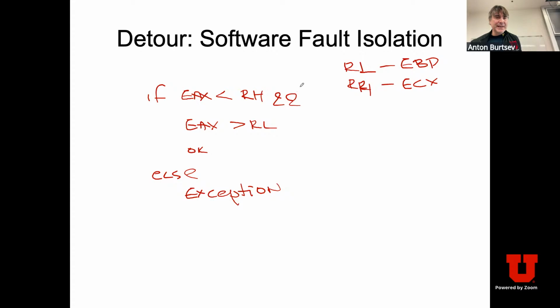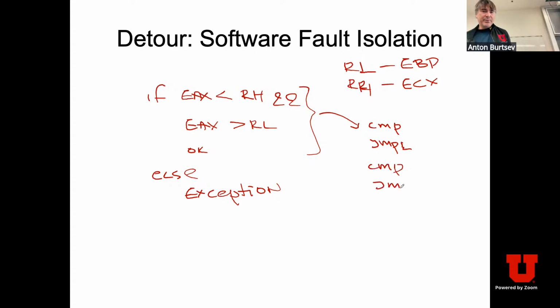The question is how to minimize this sequence. Those two checks will be compiled into a CMP comparison, then a jump when greater, and another CMP and another jump when less, depending on how you compile it. So it seems like a fair amount of instructions.